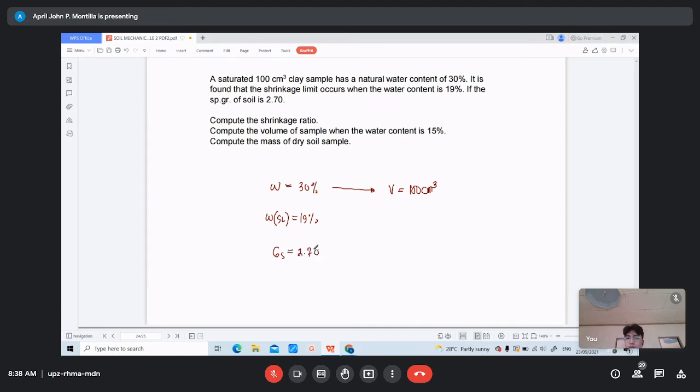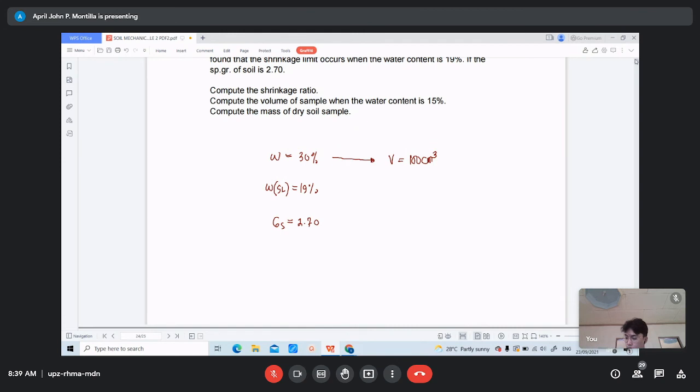Anong tanong sa problem? Compute the shrinkage ratio, SR daw. Paano nyo makakompute yung shrinkage ratio? Can you compute the shrinkage ratio?